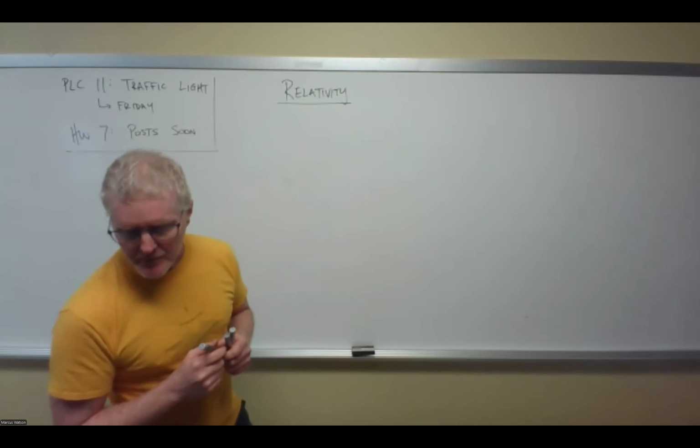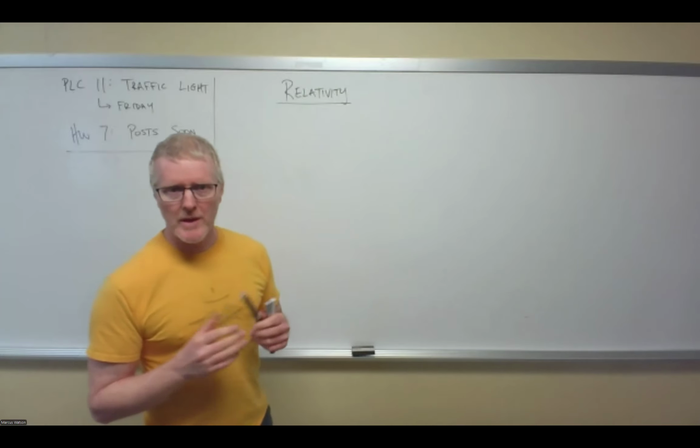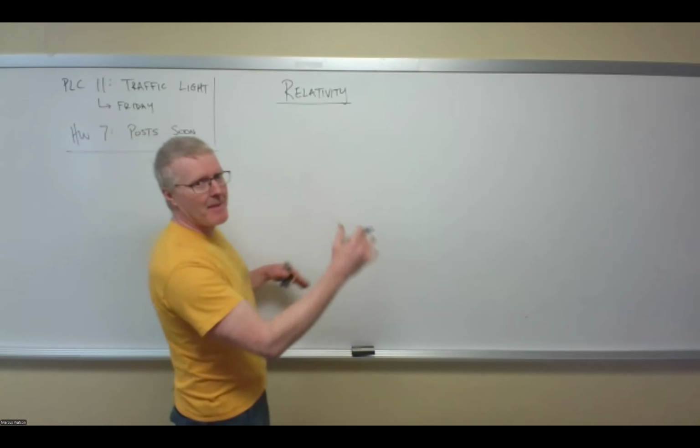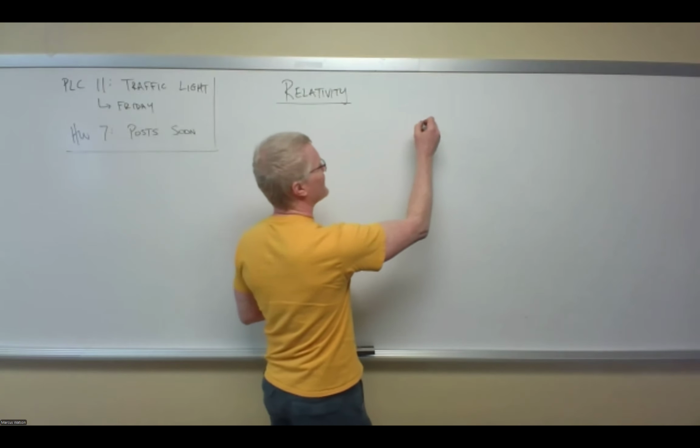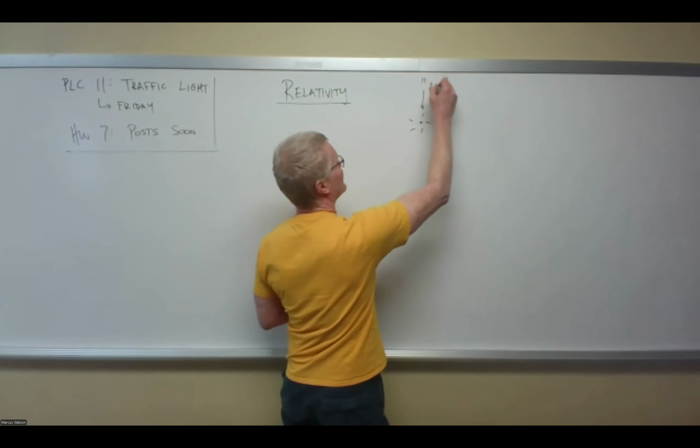So relativity is essentially the question of, look, something happens over here. There's an event. Typically the word for this is event. There's a thing that happens. There's a firecracker exploding.